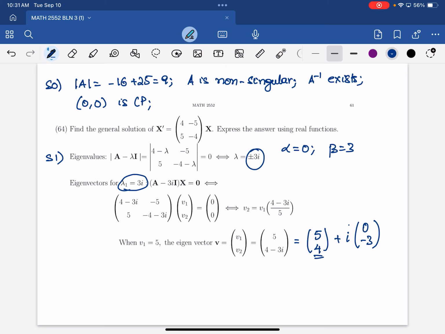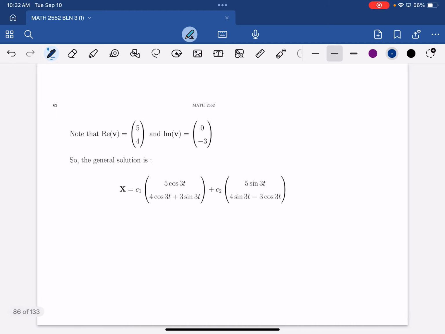Okay, let's see. So this is my solution. Is that clear? So now I'm going to say, okay, my alpha is 0, my beta is 3, my B1 is (5, 4), my B2 is (0, negative 3).